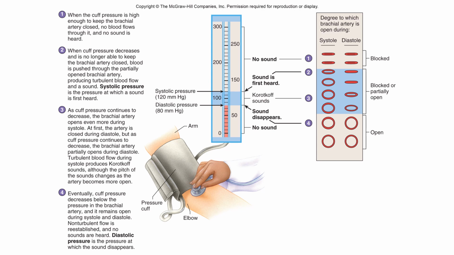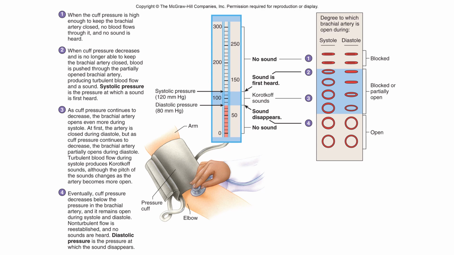And again, what you see in the artery is this. You're looking at an area where the artery first opens up, and you get turbulent flow from systole, and eventually systole will be completely open, and your cuff pressure will be below the systolic pressure, but still above the diastolic pressure, and you'll hear some whooshing during diastole.